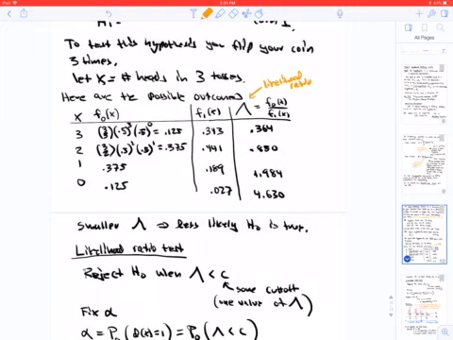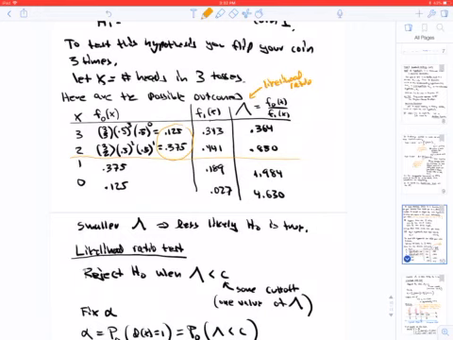So if alpha is set to be 0.5, for example, then we would reject if our lambda here is here. I'll just draw a line here, right? So we would reject if our lambda is less than 1.984, right?